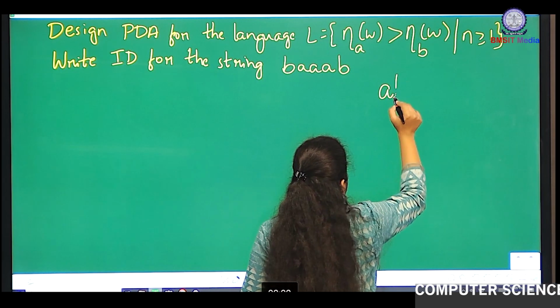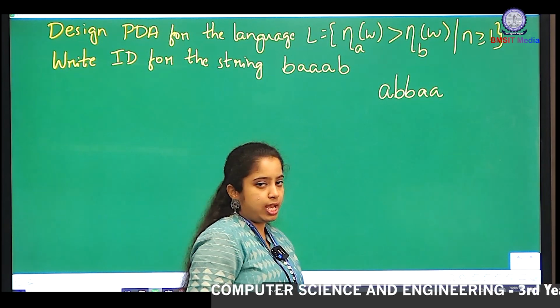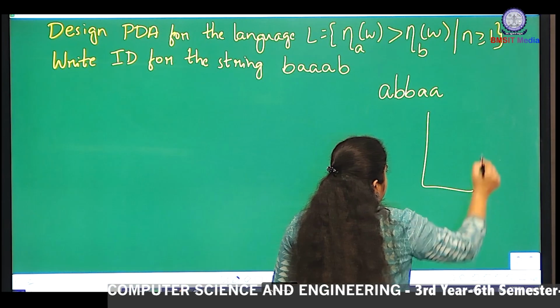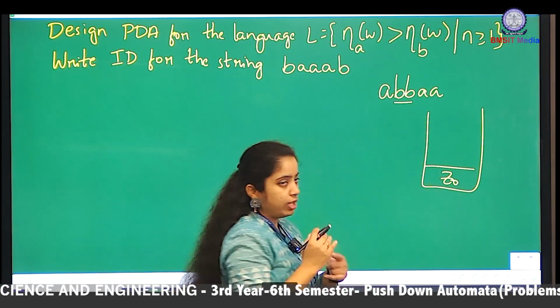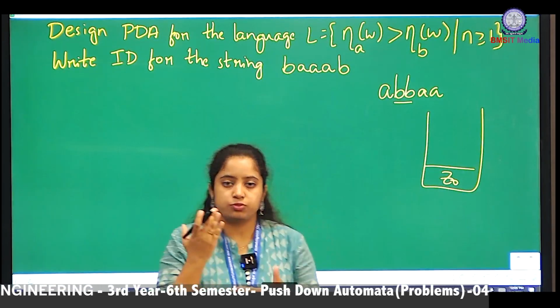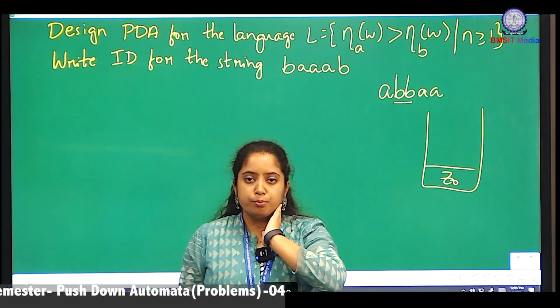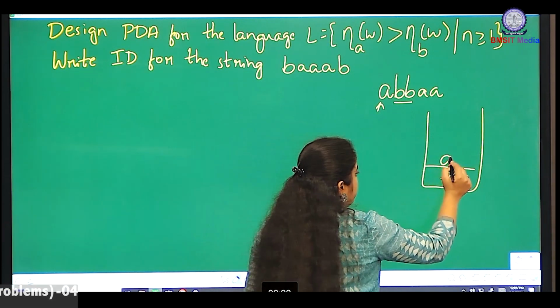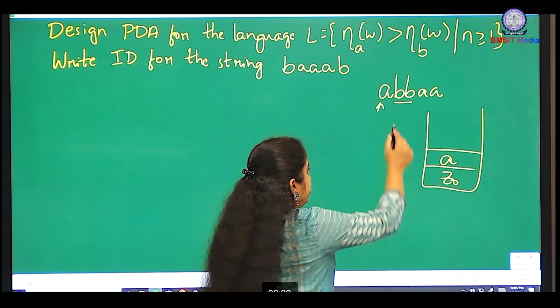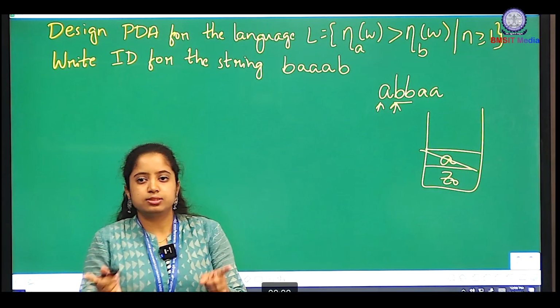So we will take the string A, B, B, A, A. Here you need to keep track of the number of B's, because at least one A should be extra, since the number of A in the string should be more. Now when you read A, you simply push it into the stack, and when you read B, you pop it out.